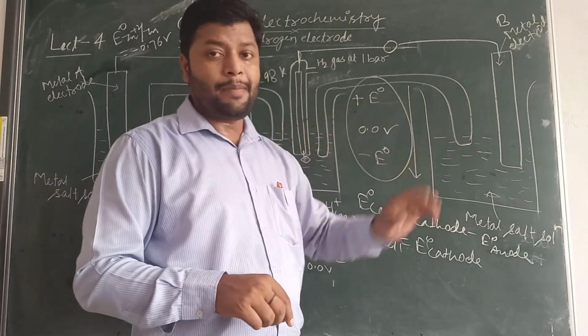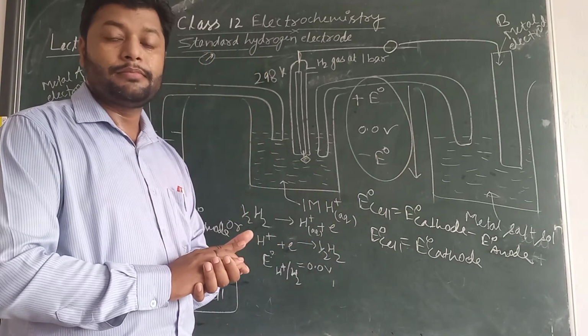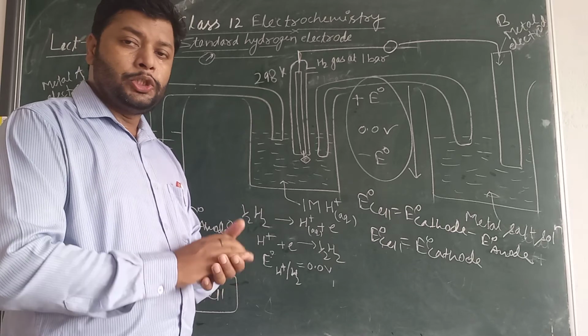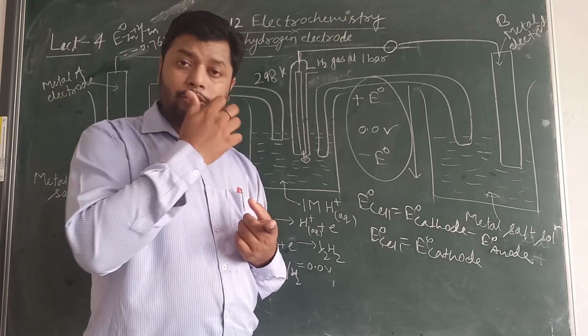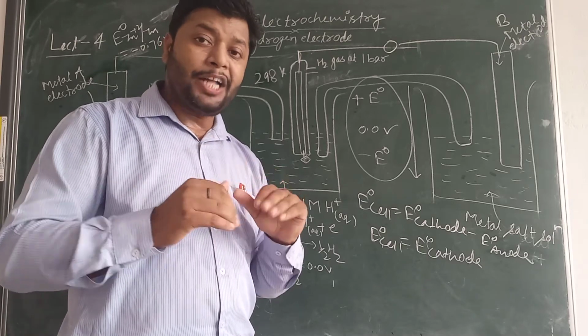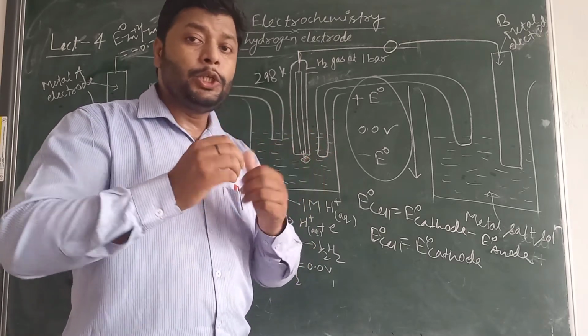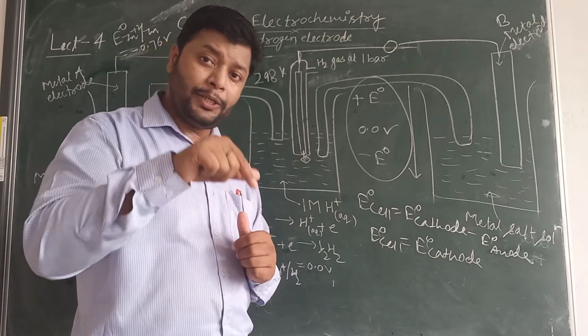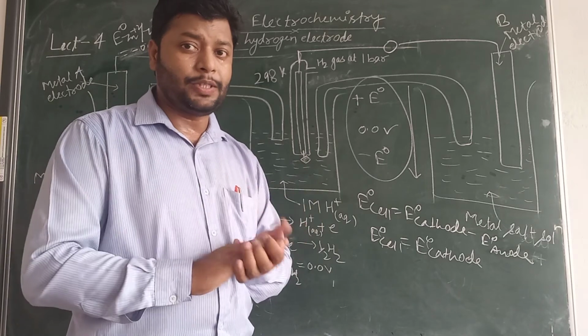It means copper has more tendency to be reduced compared to hydrogen. So all those electrodes having positive potential have more tendency to be reduced than hydrogen. This is the conclusion.